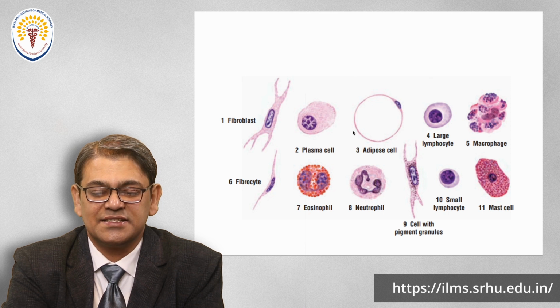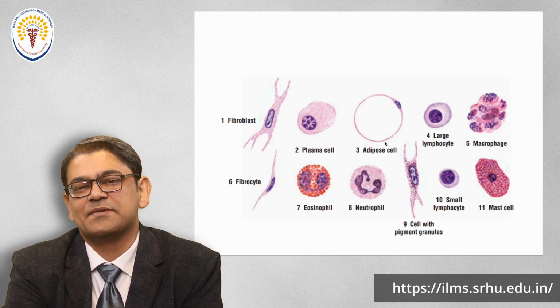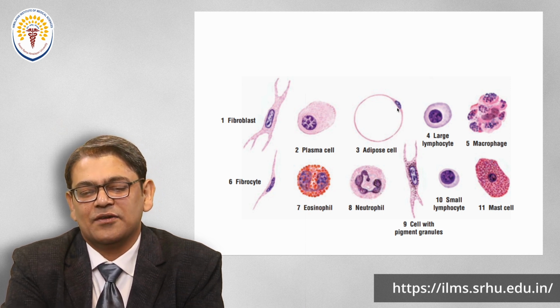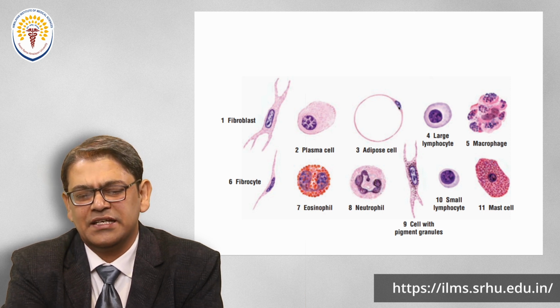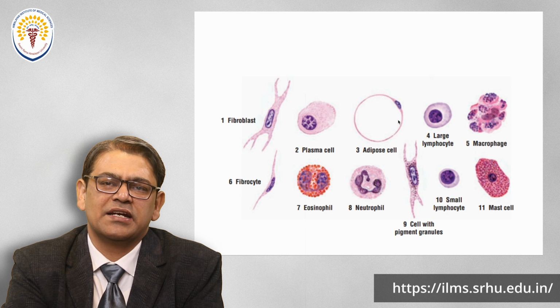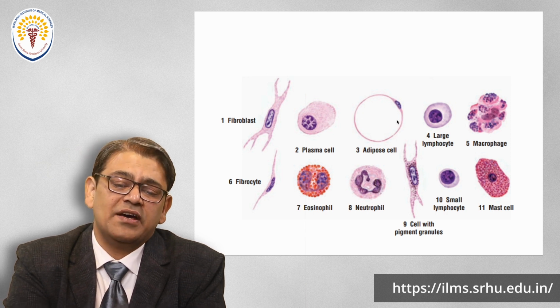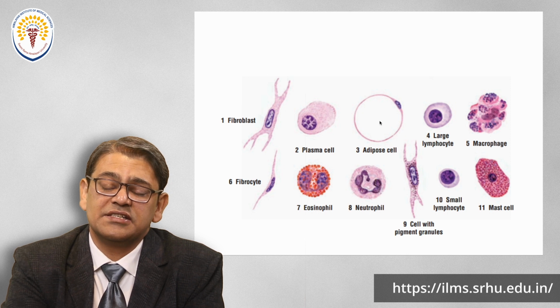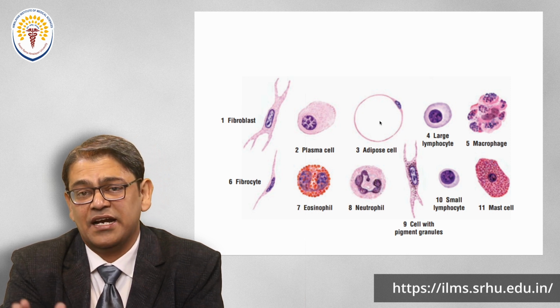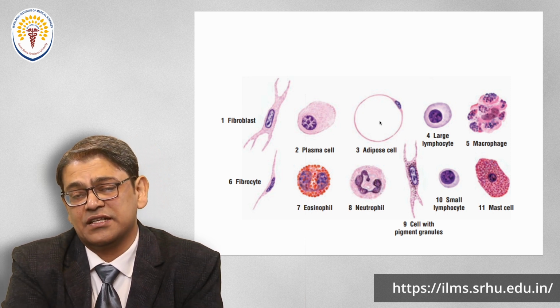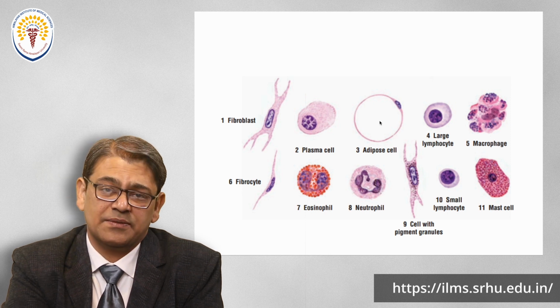Then you see this spatial structure that is named the adipose cell. The nucleus is almost stuck to the periphery. The whole area is occupied with a vacuole, and that vacuole contains the fat. Whenever we prepare this histology slide, remember the fat is dissolved in alcohol and taken out during the preparation.